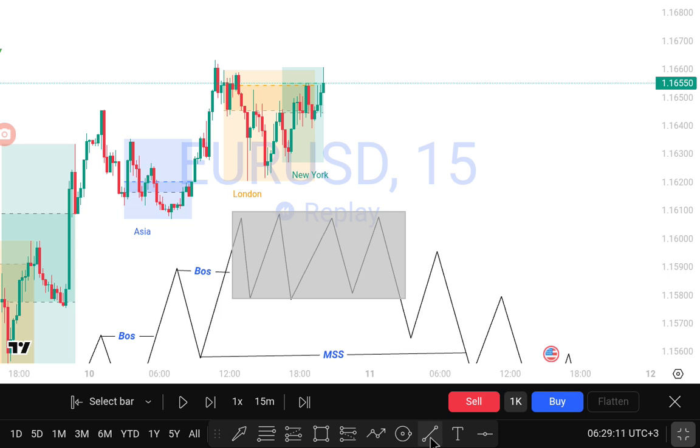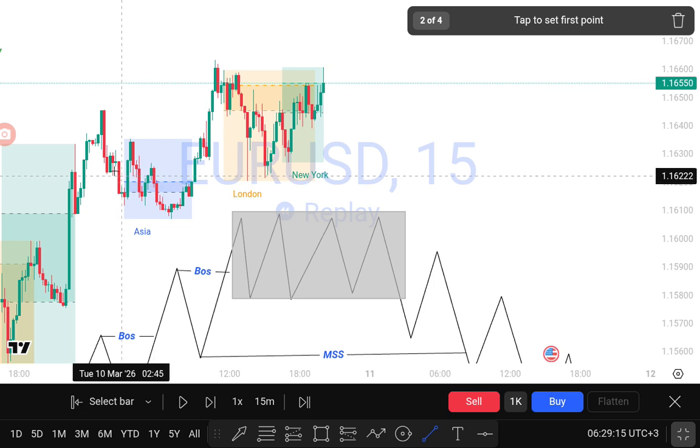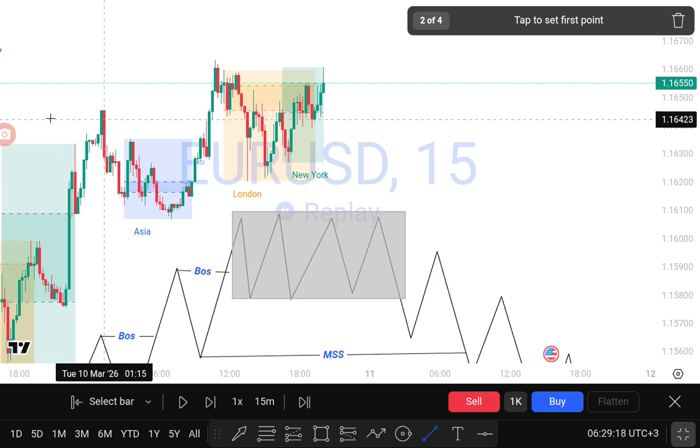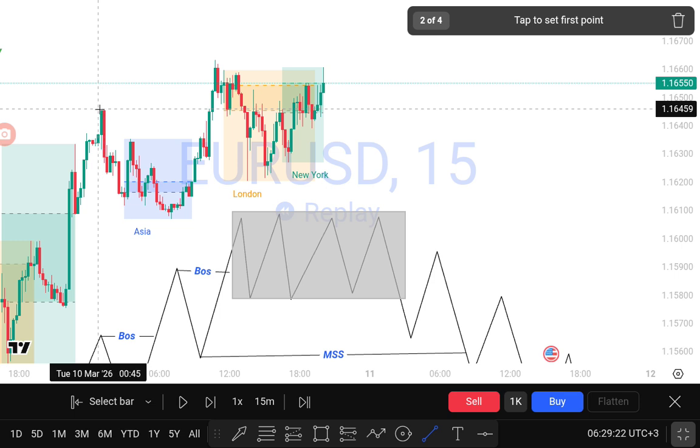So when you're marking market structure, I'm going to use this low. Okay, you had here a high, this is a high, this is a low, isn't it? So when I mark from this, I want you to get to know how to tell a fake break of structure, a fake market structure shift, and a real one.